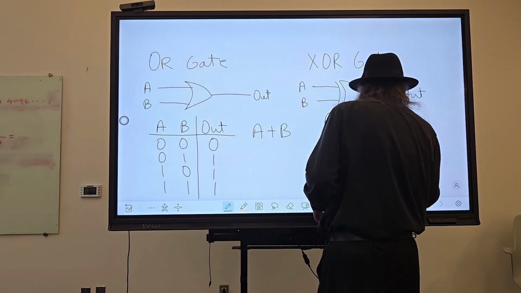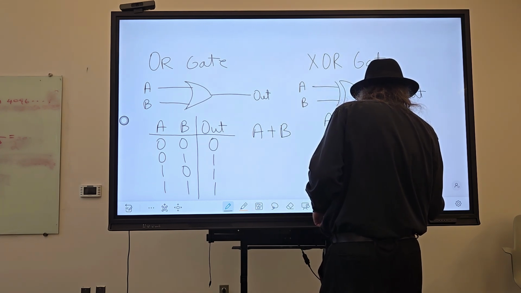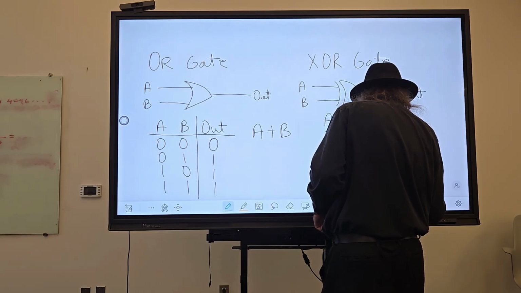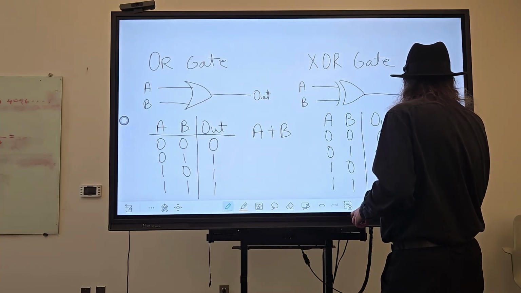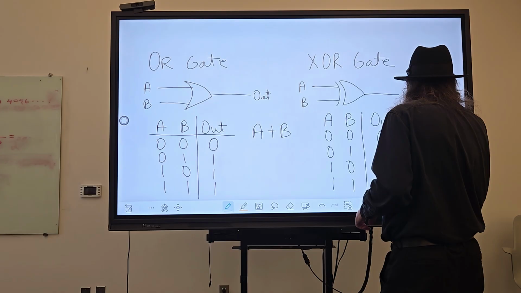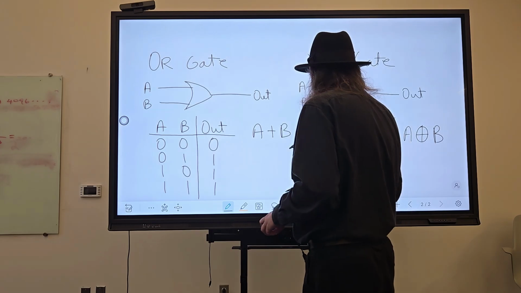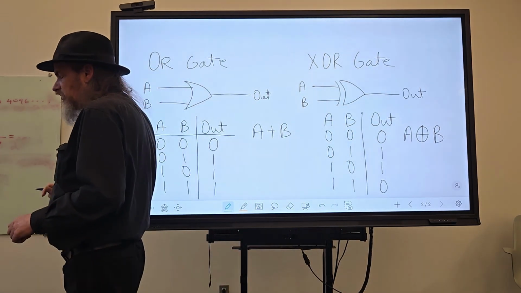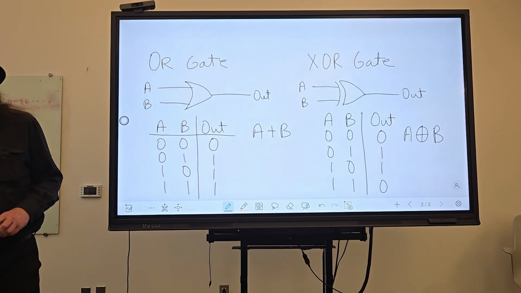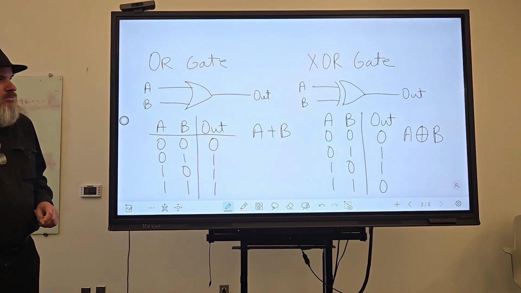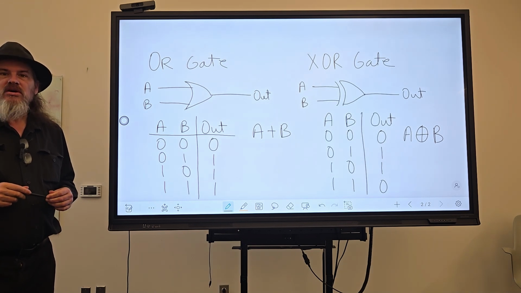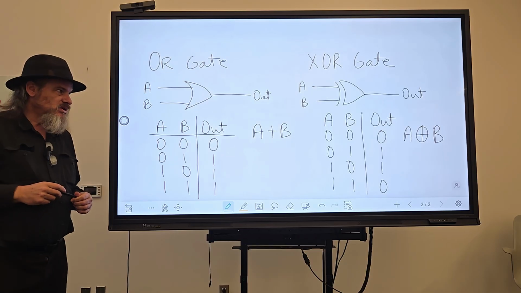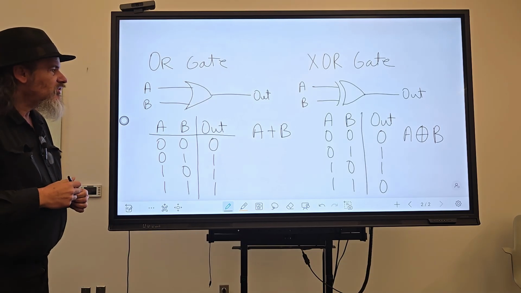So it is only high when only one input is high. And that is in Boolean expressions represented by the plus with a circle around it. You will see that in the technical reference sheet for the processor that we use in this class.